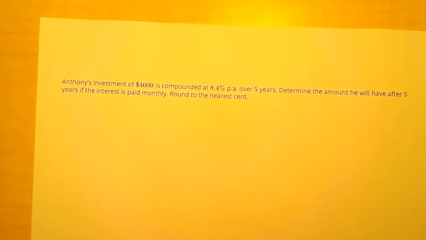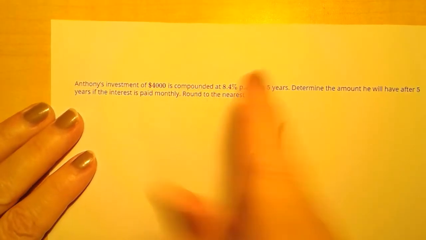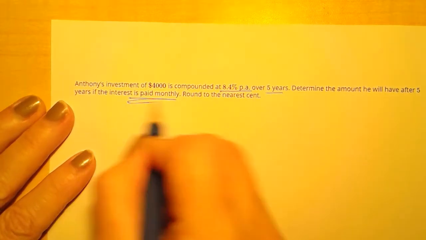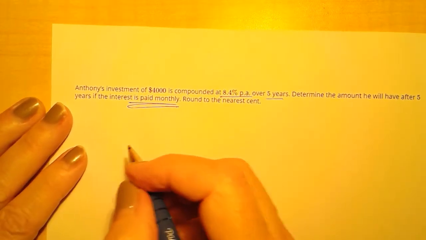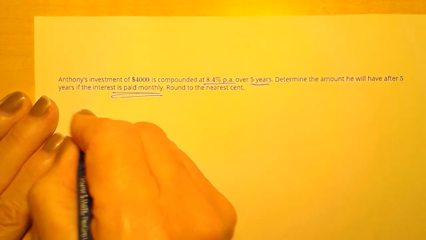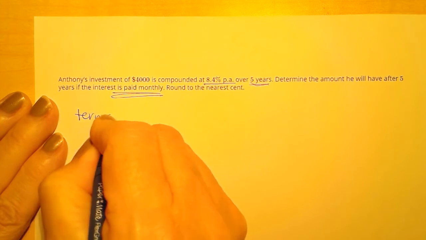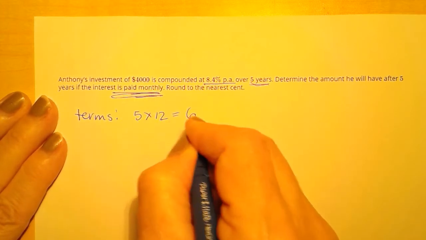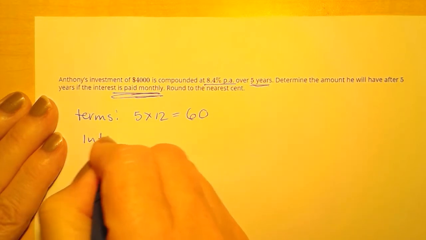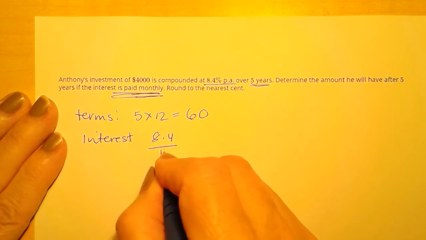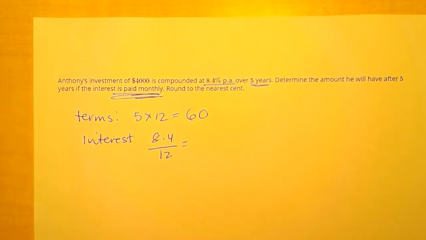It says Anthony's investment of $4,000 is compounded at 8.4% over 5 years, but he gets paid monthly. So I have to do that situation where I say how many terms are there over 5 years. Well, the terms, or the periods, are 5 times 12, remember, because it's monthly, which is 60. And the interest is 8.4 divided by 12.